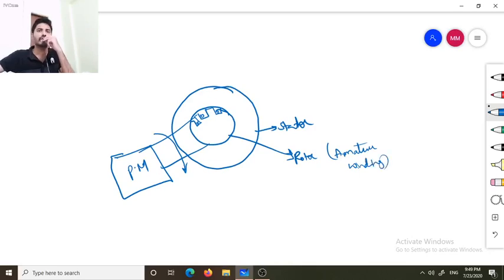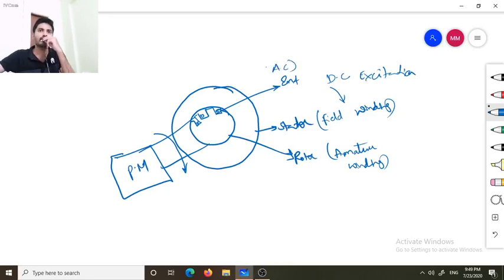At that point of time we give field excitation to the field winding, a DC excitation with the help of a battery. The field current passes into this winding, and flux is produced in the stator. That flux links with the rotating armature conductors and produces an EMF in the armature conductors.